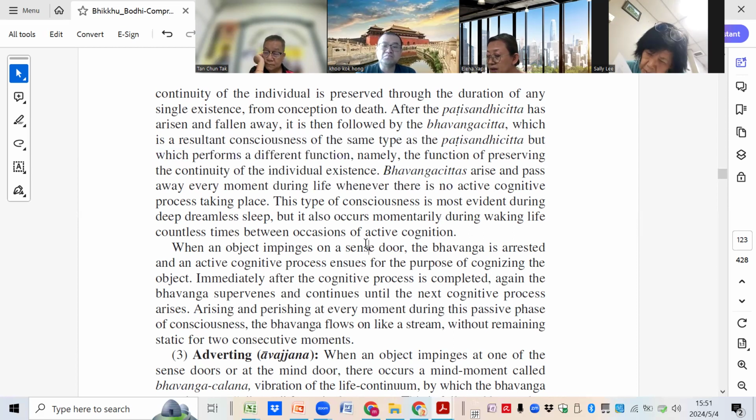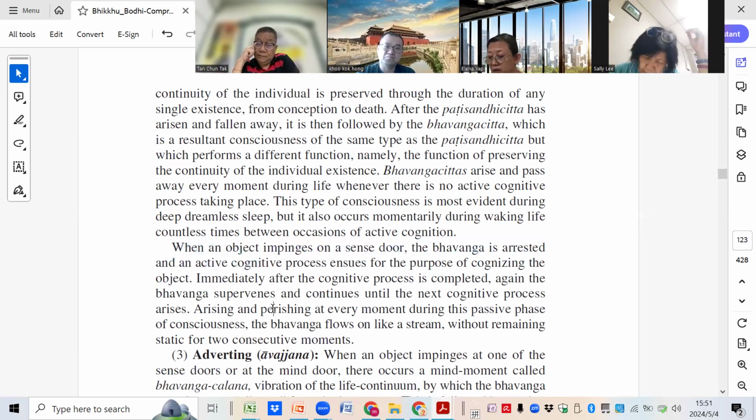Bhavanga Chitta arises and passes away every moment during life whenever there is no active cognitive process taking place. This type of consciousness is most evident during deep dreamless sleep, but it also occurs momentarily during waking life, countless times between occasions of active cognition.